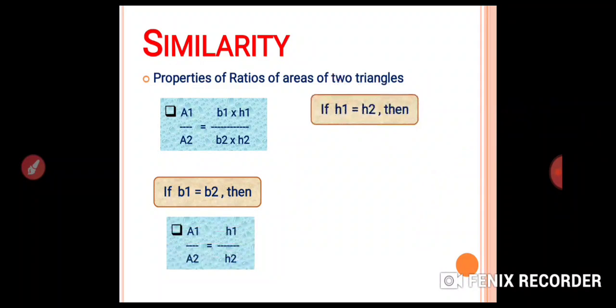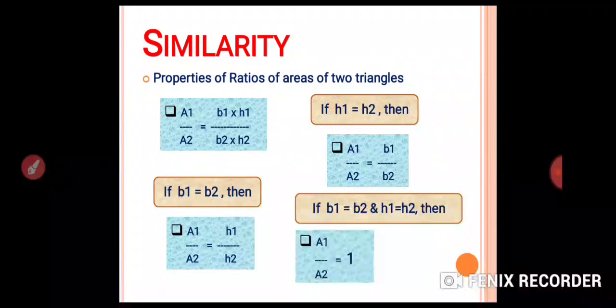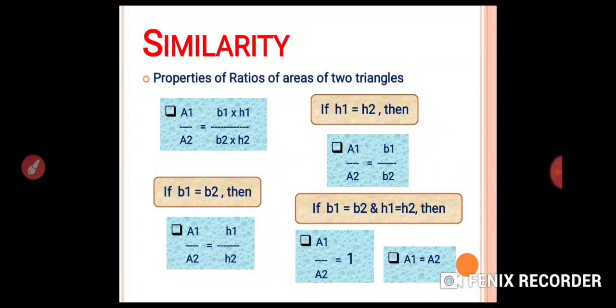If H1 is equal to H2, then A1 upon A2 is equal to B1 upon B2, is our third property. And our fourth property, if both B1 is equal to B2 and H1 is equal to H2, that means bases and heights both are equal, then A1 upon A2 is equal to 1 and A1 is equal to A2.